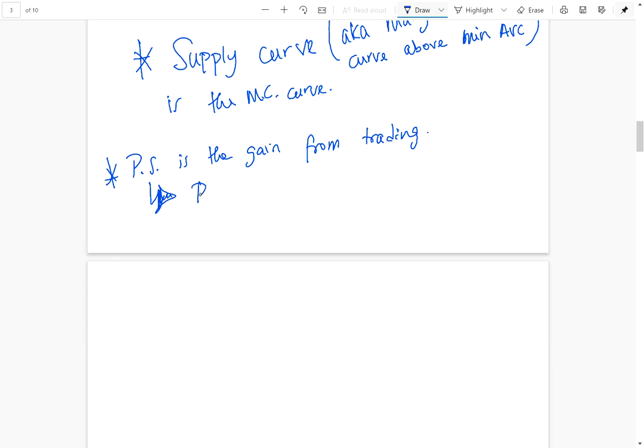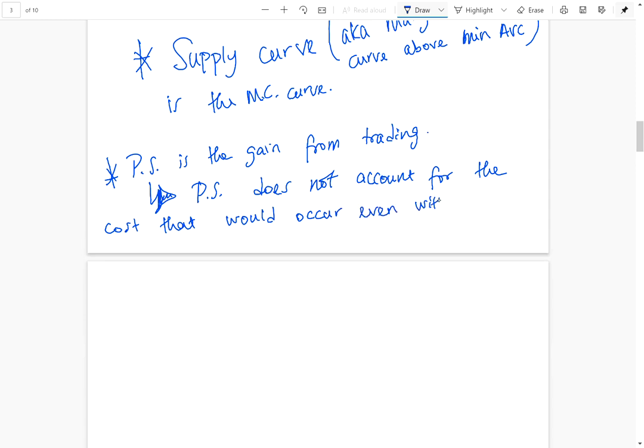Therefore, producer surplus does not account for the cost that would occur even without production, aka fixed cost. So when we're saying the producer surplus, we're not accounting for fixed costs because the producer will have to pay this regardless of production.